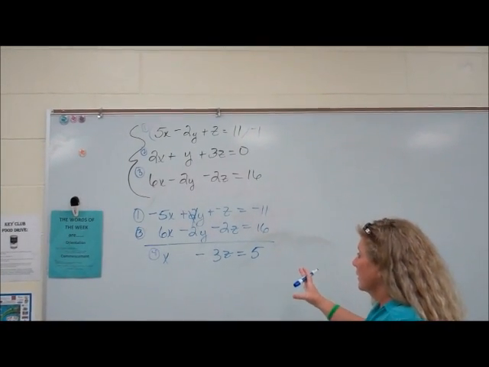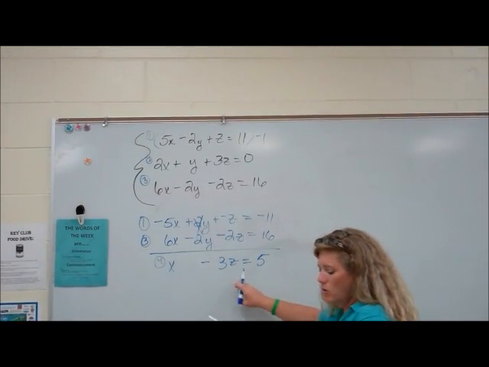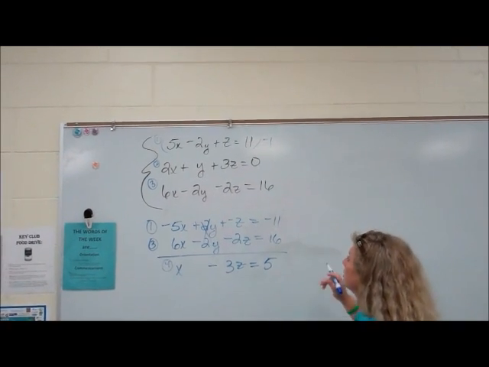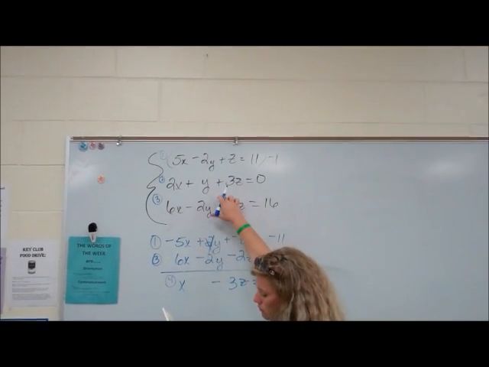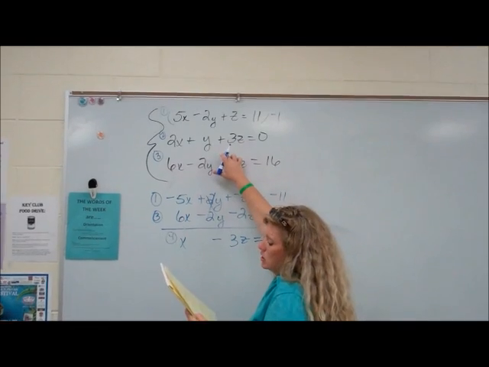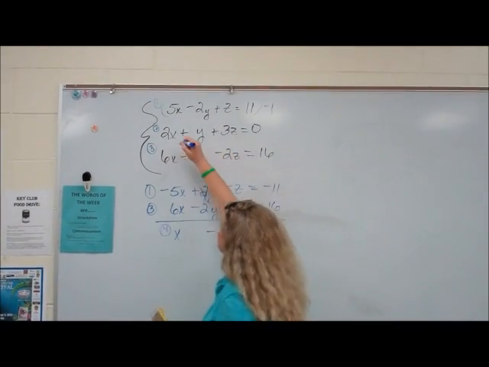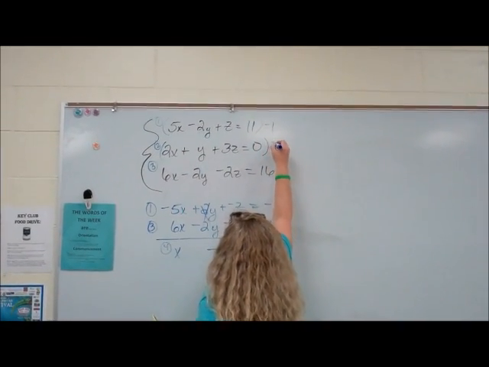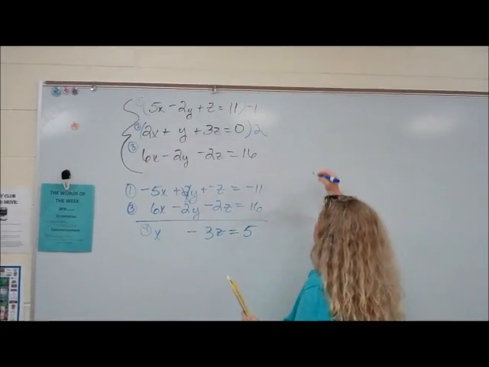Now, we need to do something like this again so that we have another equation in 2 variables. So this time I'm going to take equation number 2 and multiply it by 2.